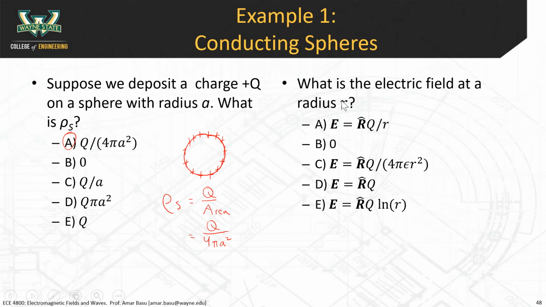All right, so the next question is, what is the electric field at a radius r? And again, I'll give you several minutes to do that. And again, you'll have 5 possible answers here.